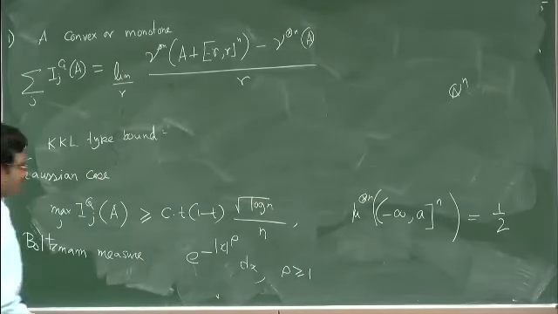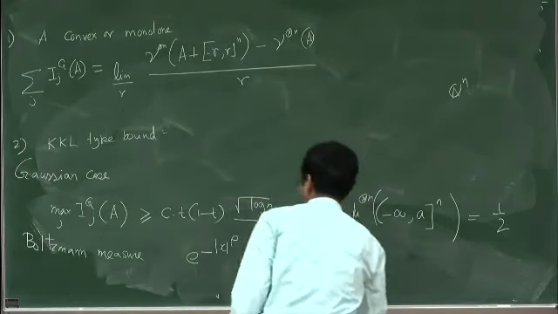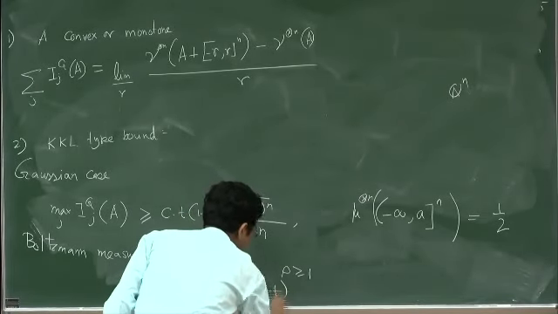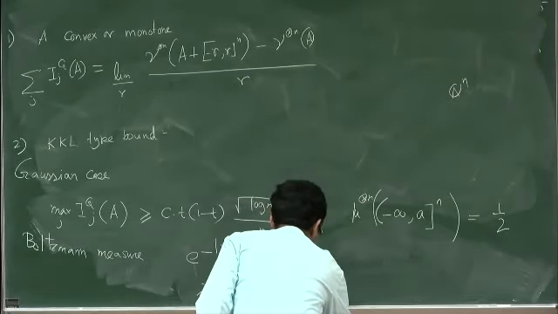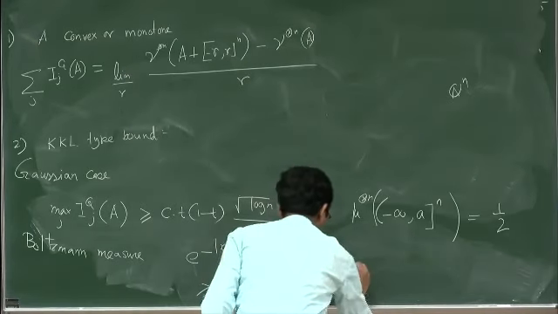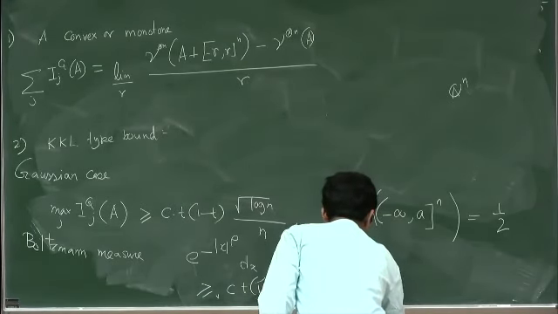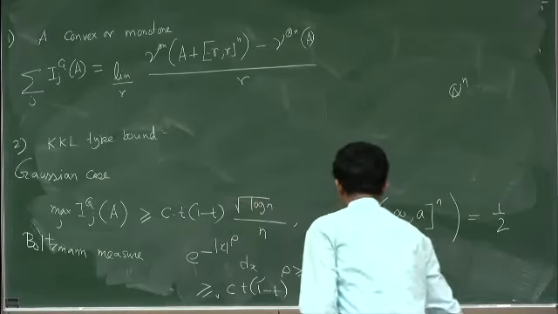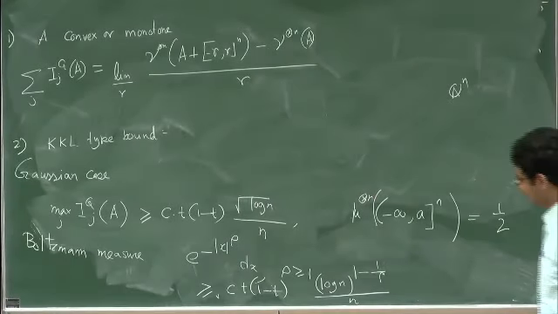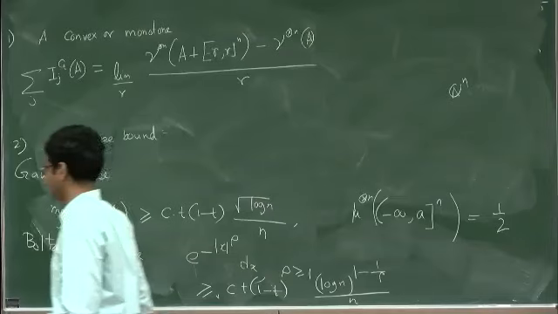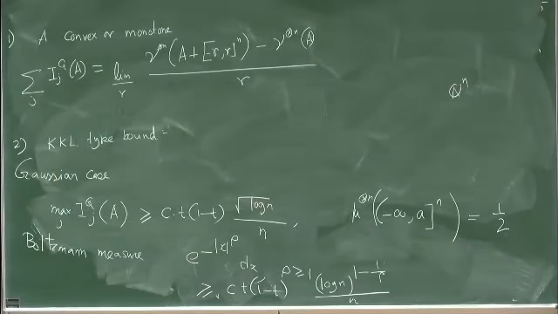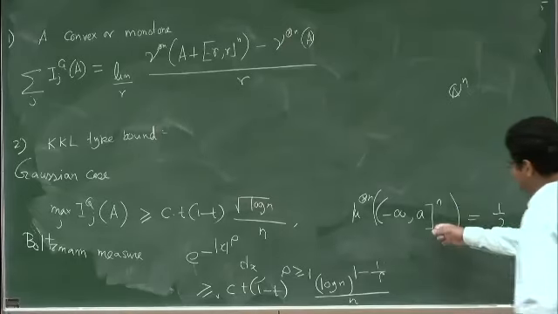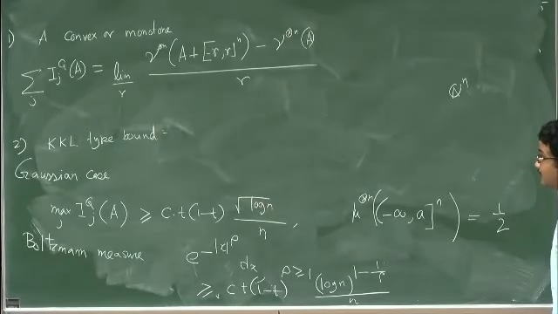We have a similar bound, but now it's t(1-t) times (log n) to the power (1 - 1/rho) divided by n. So there is a slight change in the exponent of log n. Also this is tight if you consider this kind of one-sided box example. Okay.